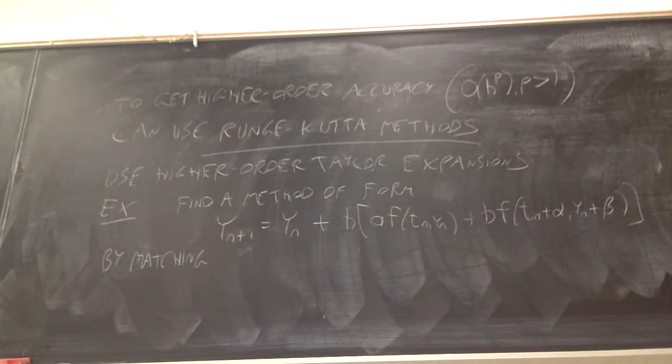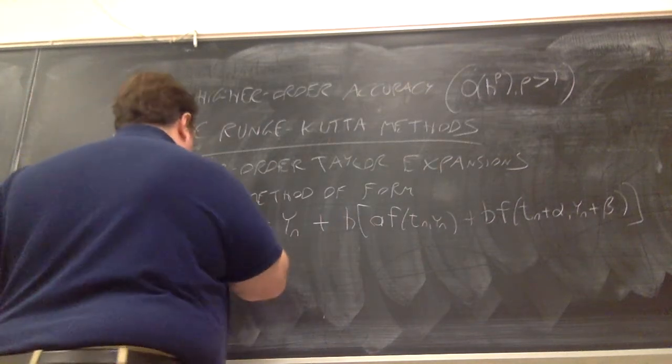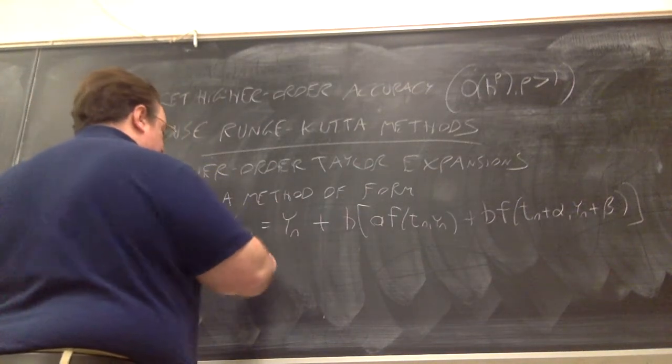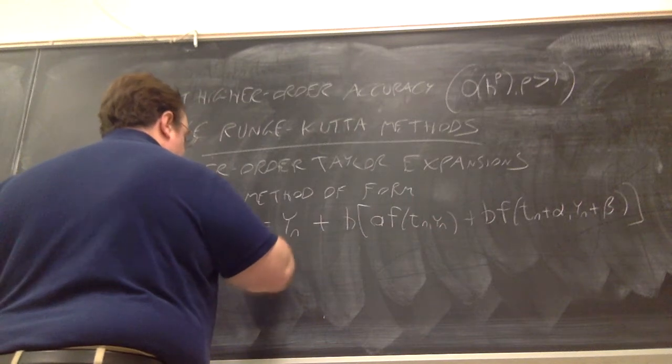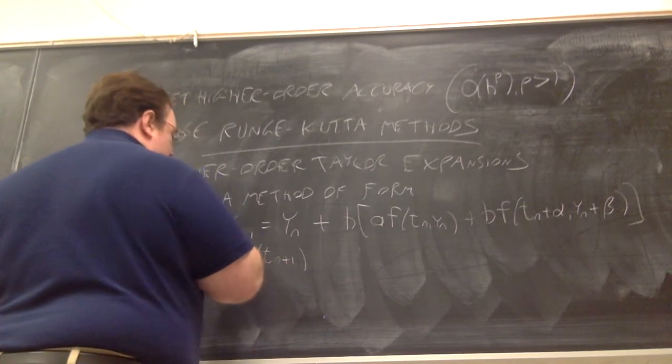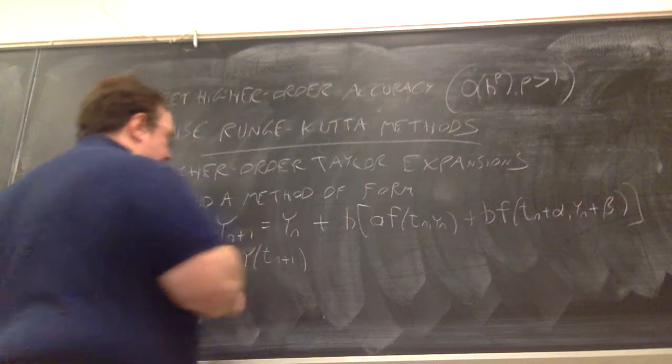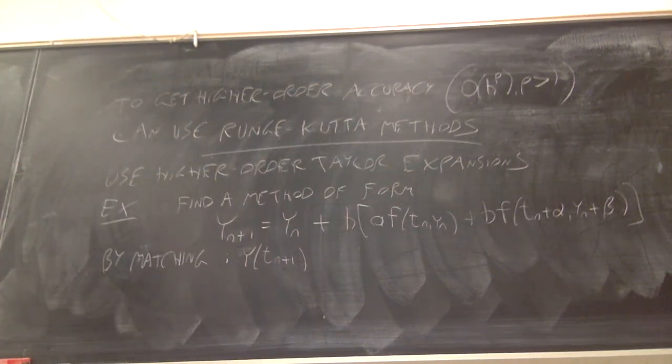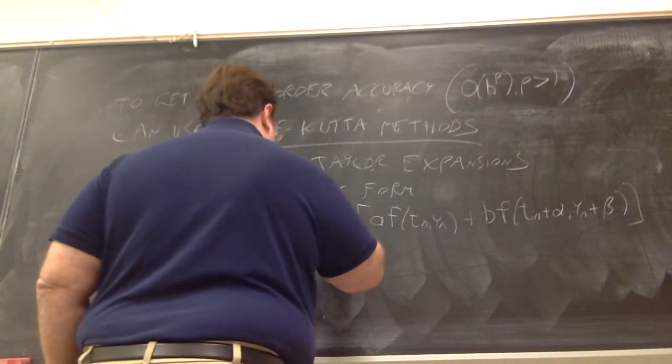And we're going to get them by matching 2 Taylor expansions. The first Taylor expansion will be of y, the exact solution, at time t_{n+1}. I can Taylor expand that around t_n.